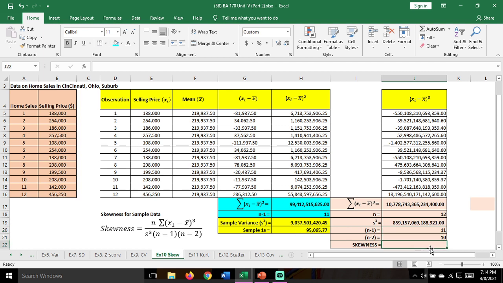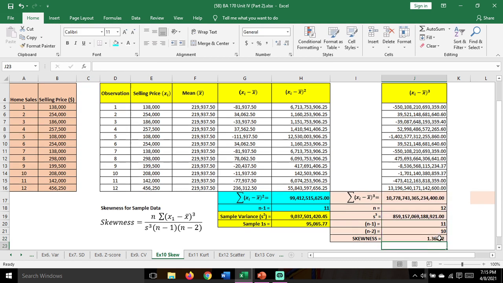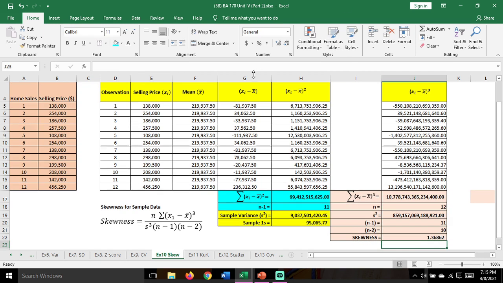So, again, we repeat the process. We have the equal sign, n times this one, divided by the cube of your standard deviation, multiplied by 11, multiplied by 10. So, we have 1.36.